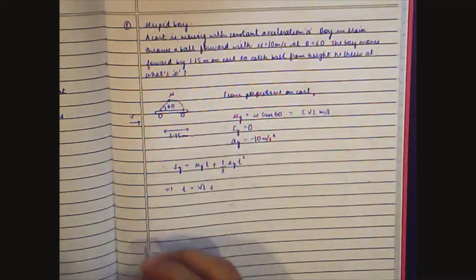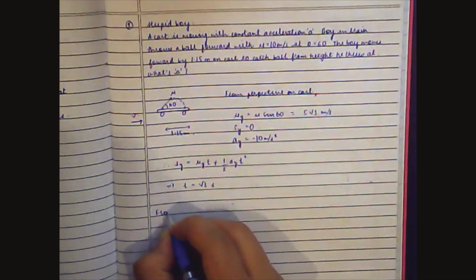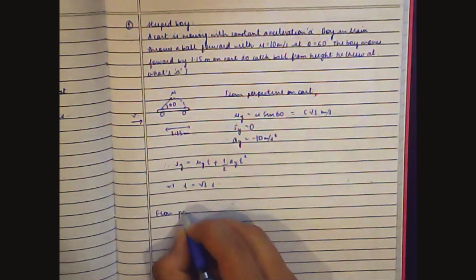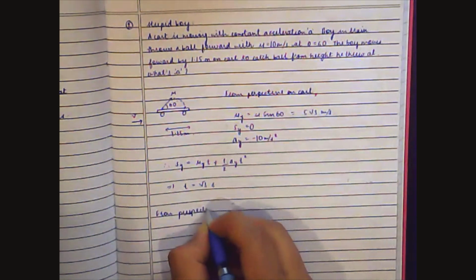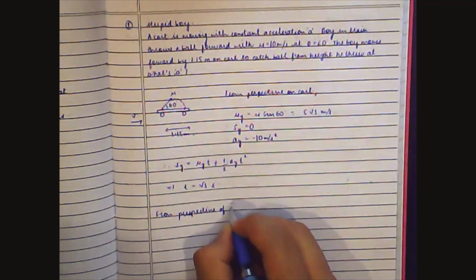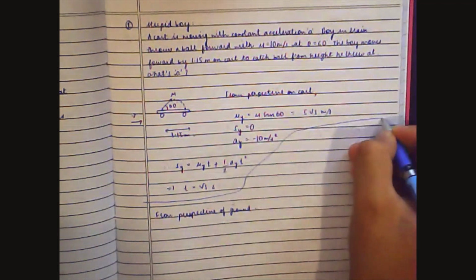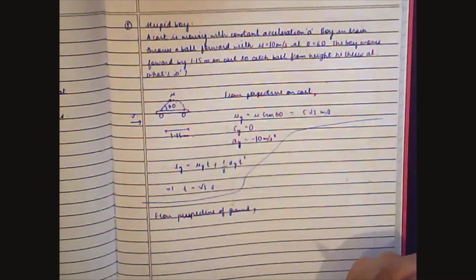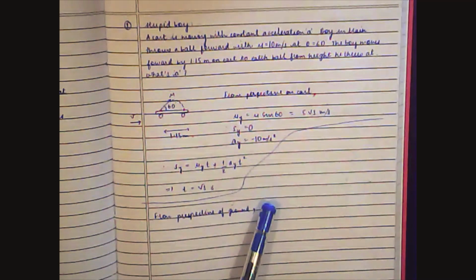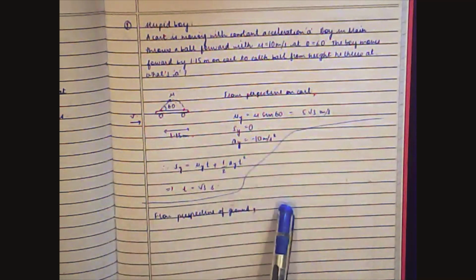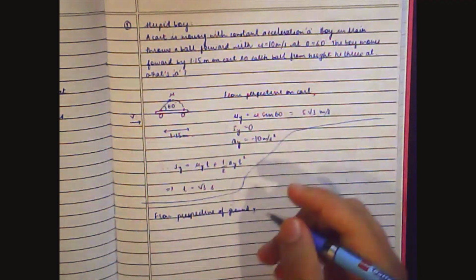Now we'll take the other perspective, from perspective of ground, right? Now in perspective of ground, we know that the displacement of the ball, of the particle in the x direction, right?